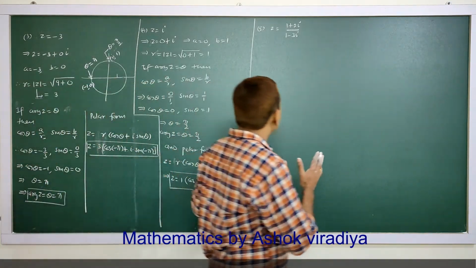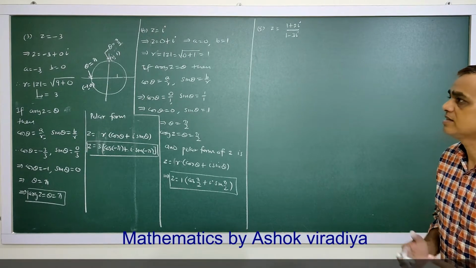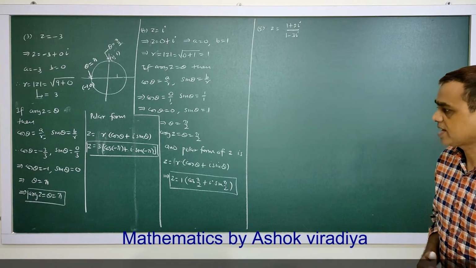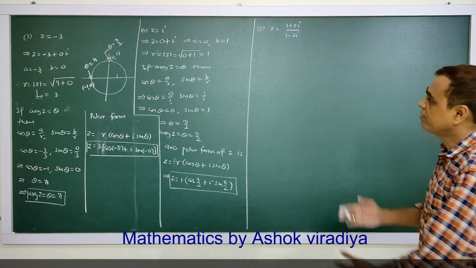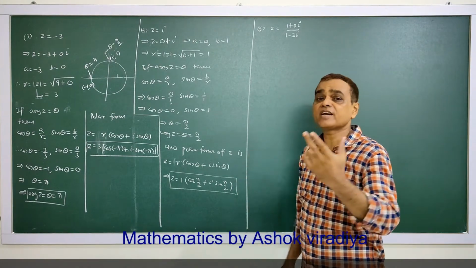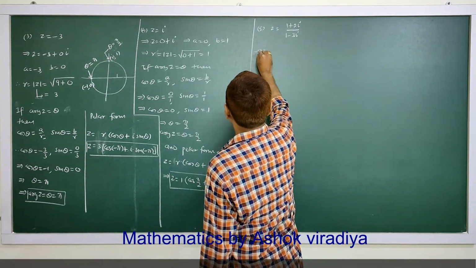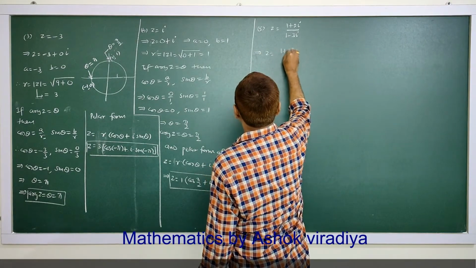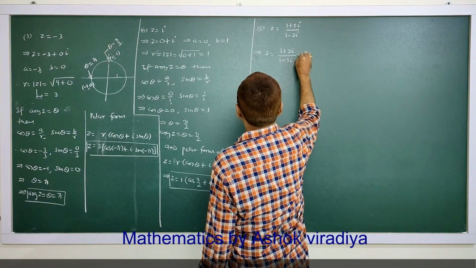Now in this question, we find the argument, modulus and polar form. To find these, we have to convert this into standard form. So first of all, converting into standard form, z equal to 1 plus 2i upon 1 minus 3i.